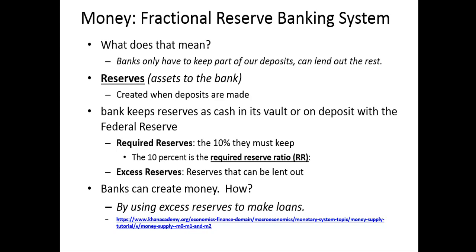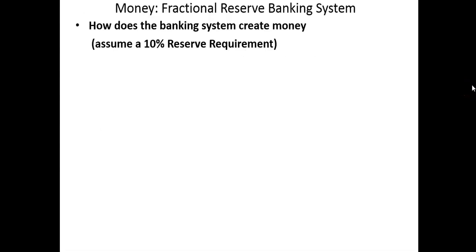But anyway, you can go watch about what's in M1, M2, which was already in part 1, but also talking about how banks make money, and what we're about to go through. Let's do an example. Let's see the magic, the theoretical magic, at work.